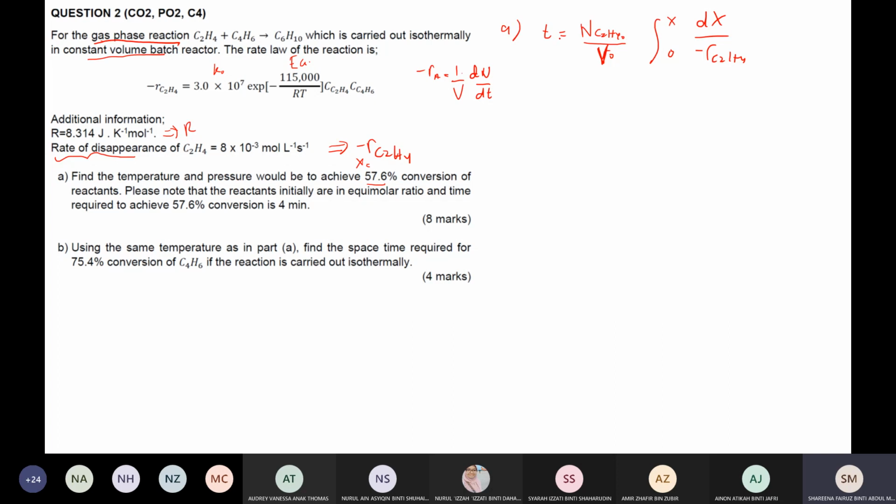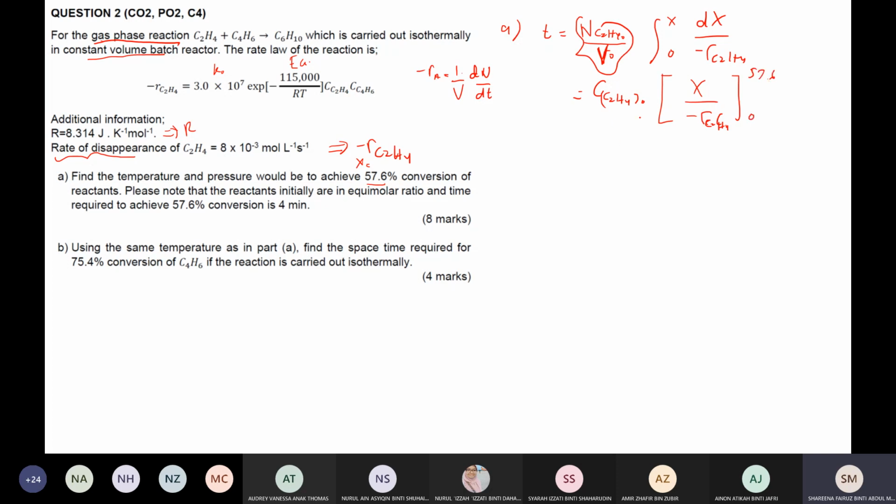So daripada situ, of course this one kita boleh jadikan dia, this is a C2H4 naught at time 0, times with the, okay, ni dah integrate, dia akan dapat X over negative R C2H4. Okay, so X dah given 57.6 to 0.